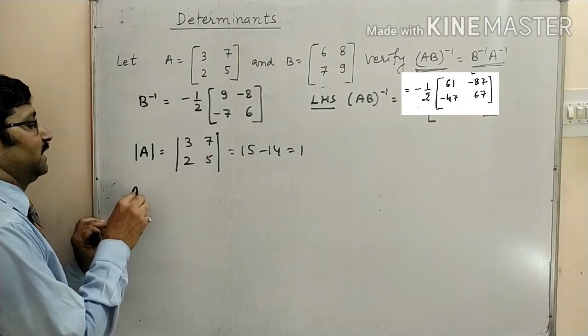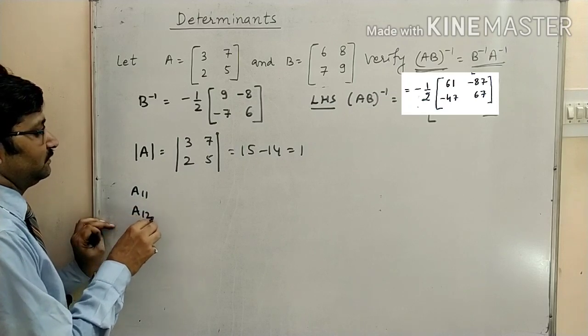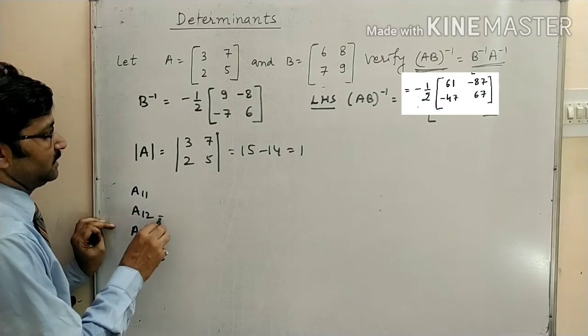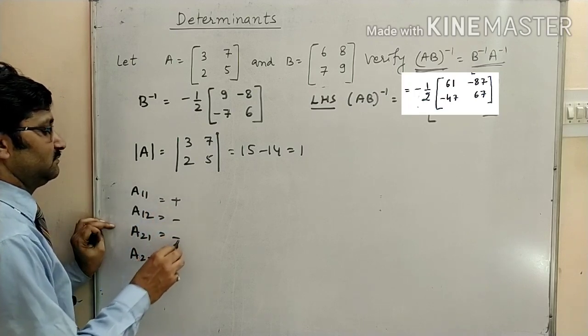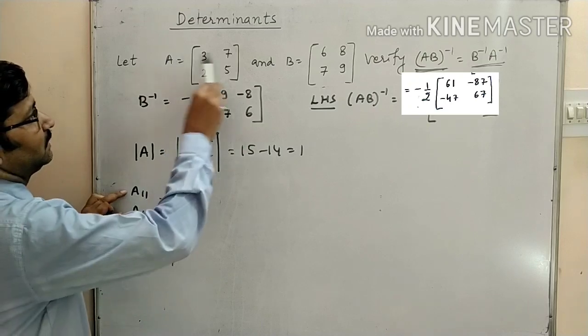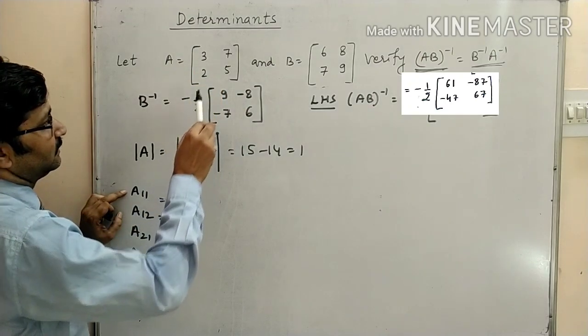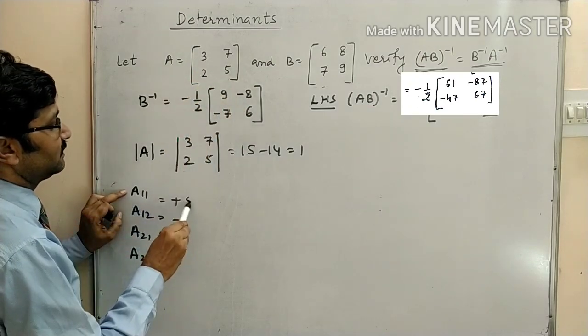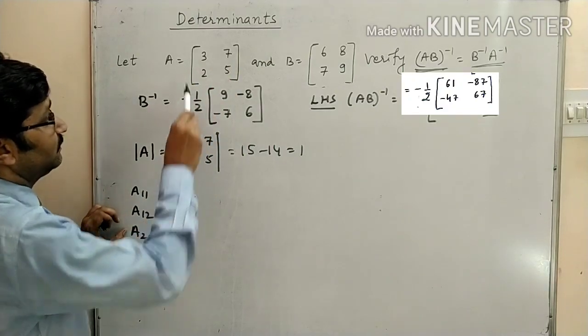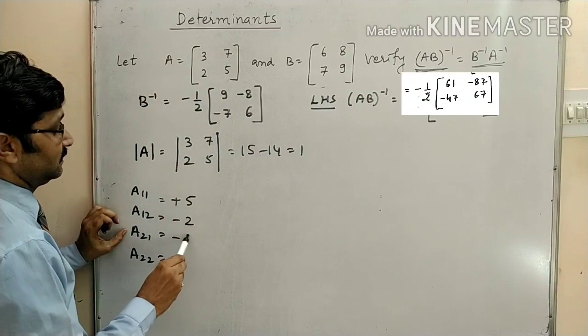For that also you find A11, A12, A21 and A22. These elements you find, with signs plus, minus, minus and plus. For A11, the first row and first column you will not take, so 5 is remaining. First row and second column you will not take, so 2. Second row and first column you will not take, so 7.